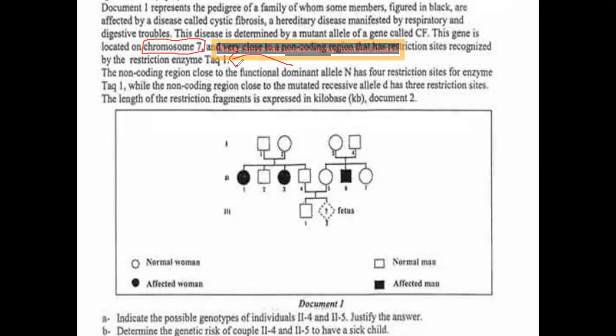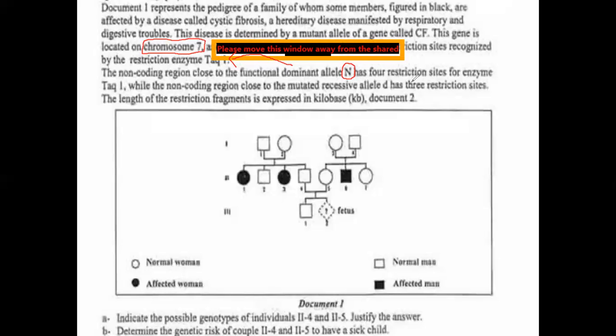So the non-coding region is close to the functional dominant allele N. They said that the dominant allele N is the dominant one, so the allele of the disease is going to be recessive.